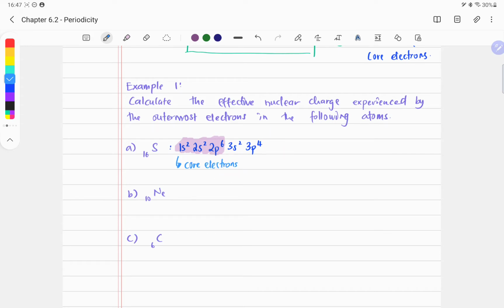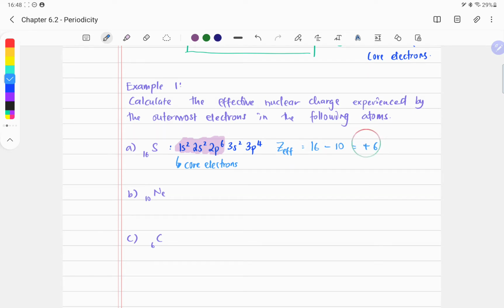Jadi kalau kita nak guna formula dia, Zeff bersamaan dengan 16 tolak 2 elektron dalam 1s, ada 8 elektron dalam 2s 2p, jadi tolak 10 bersamaan dengan positif 6. Dia adalah positif sebab dia adalah charge. Okay, remember this is effective nuclear charge ataupun charge nukleus yang efektif.